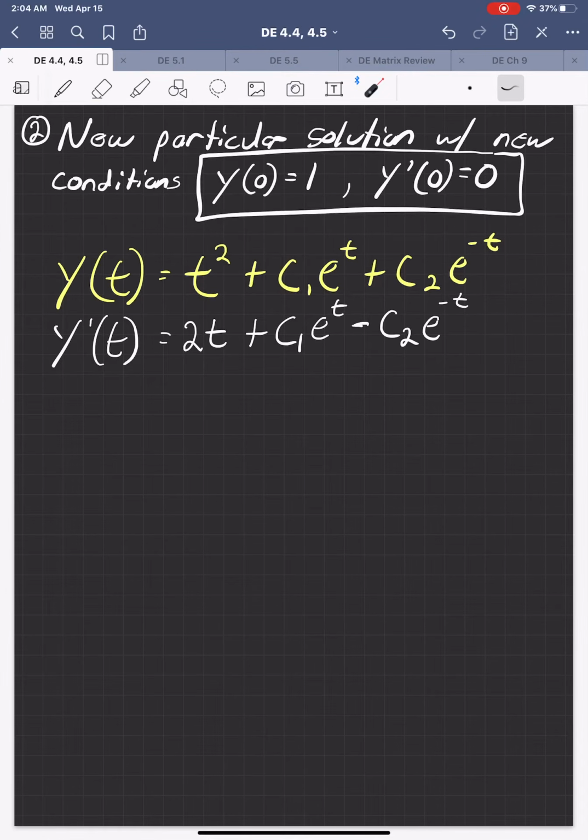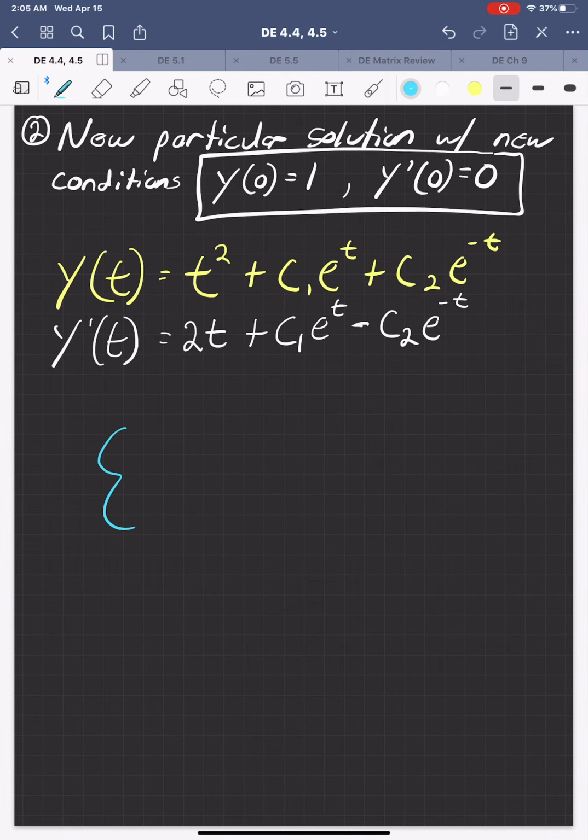So let's start with the first condition that has to do with just y. We're going to plug 0 in for t, and we're going to set this equal to 1. Oh man, I'm so sorry, I was looking at the derivative.